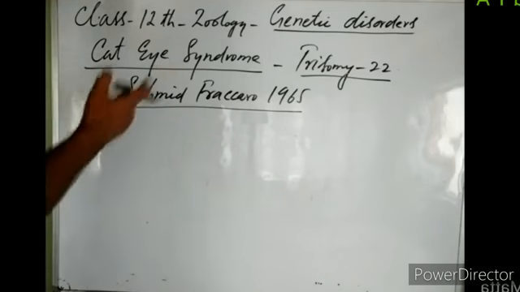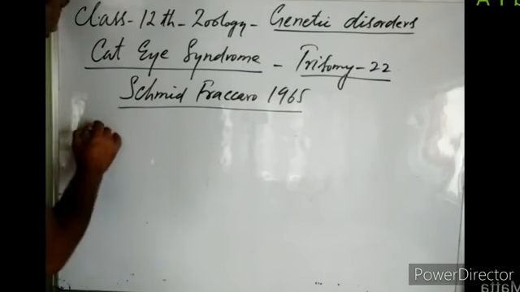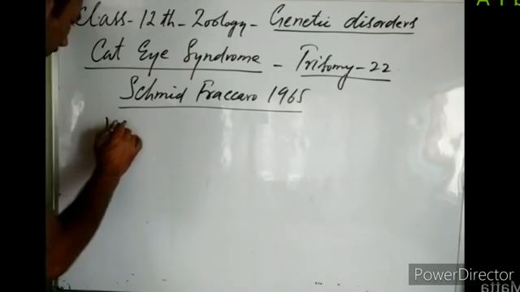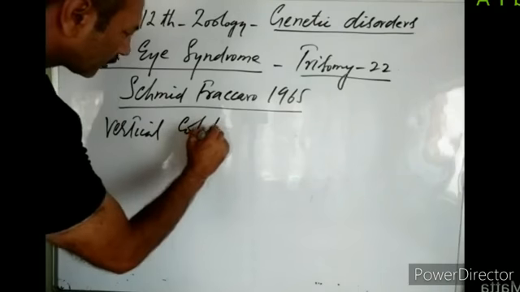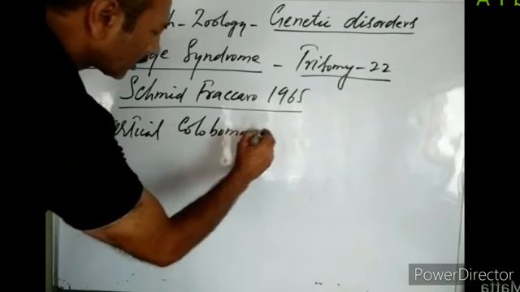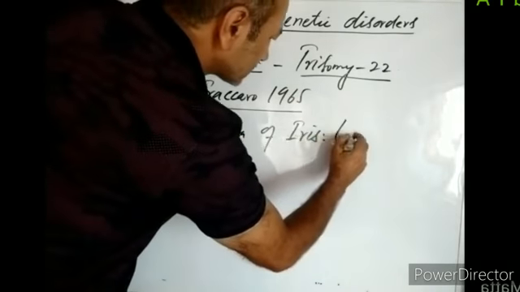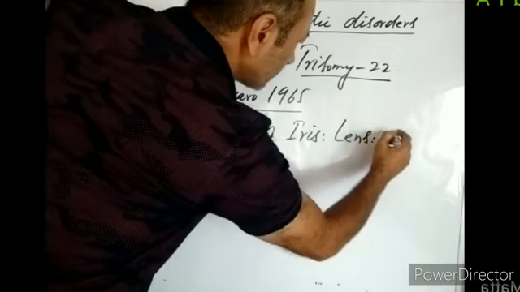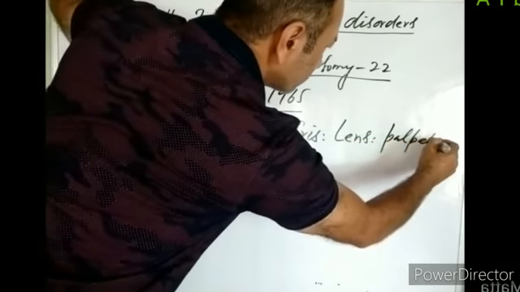So what are the marks, the stigmata, of the disease? These persons are characterized by vertical coloboma of the iris, lens, and palpebral.